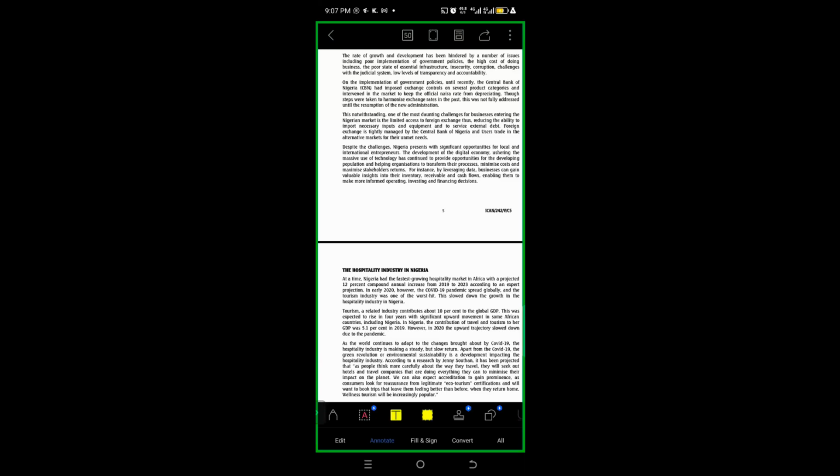So the other point I find interesting is that they said Nigeria presents significant opportunities for local and international entrepreneurs.